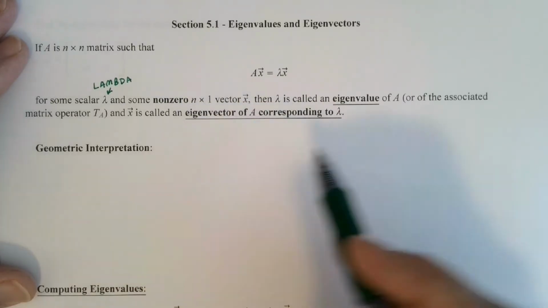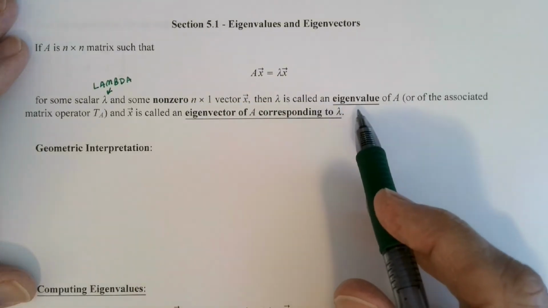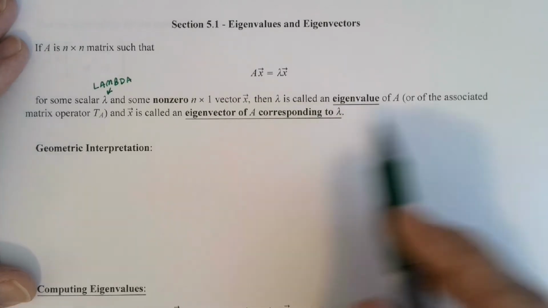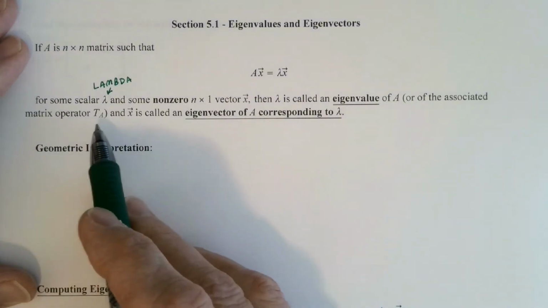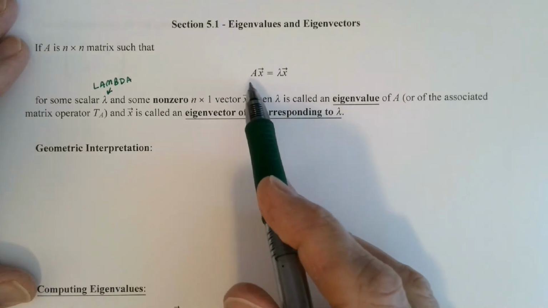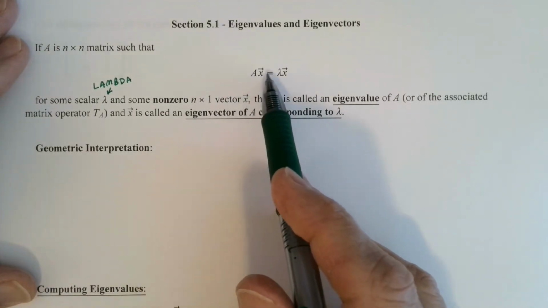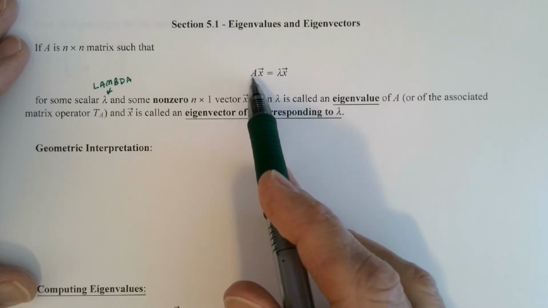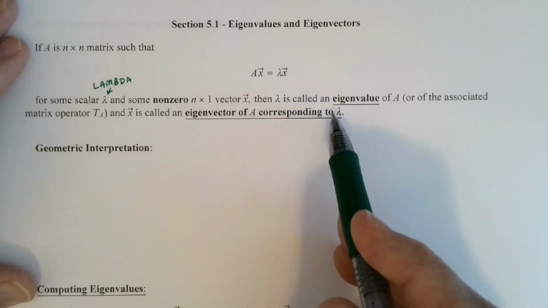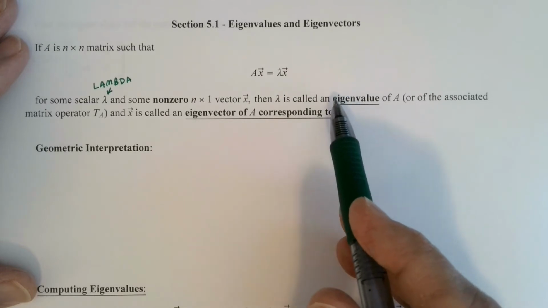With this, lambda is called the eigenvalue of A, or of the associated matrix operator T sub A. We can think of this as a matrix transformation, or a matrix operator in this case, going from n space to n space, where the output is determined by multiplication by the standard matrix A. Now, eigen comes from the German language.